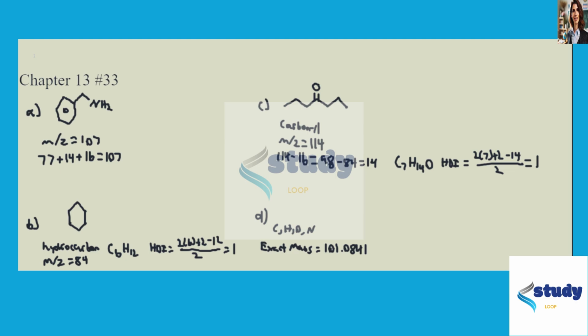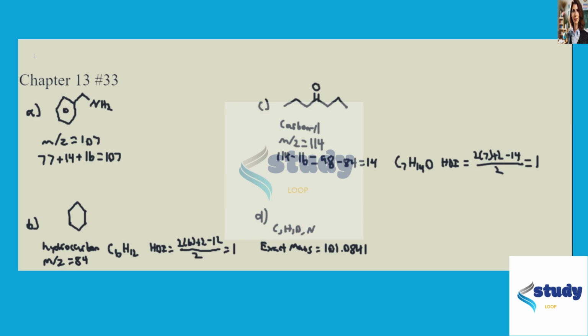There we go. Okay, so table 13.1, I have it on page 492 of the textbook. So table 13.1 lists the exact masses of common isotopes of carbon, hydrogen, oxygen, and nitrogen. So nitrogen is going to be worth 14.0031.